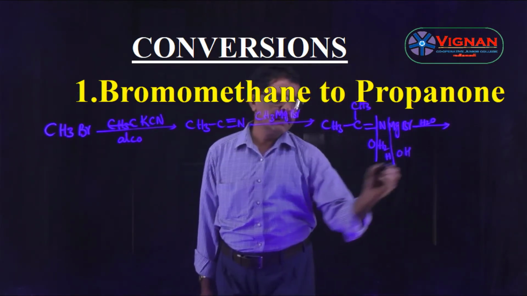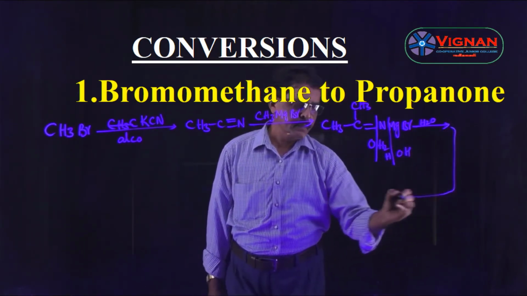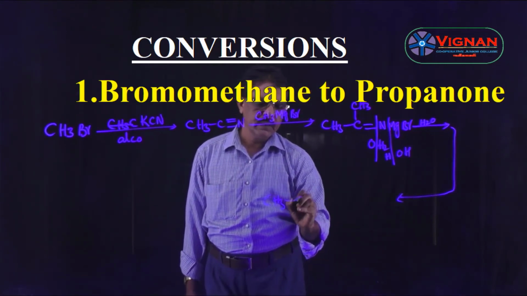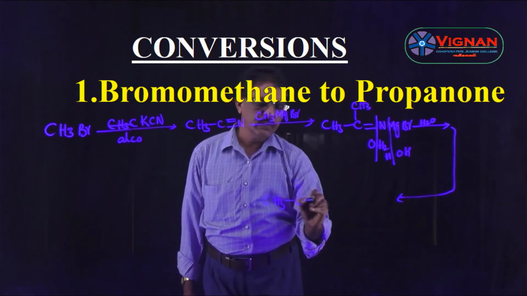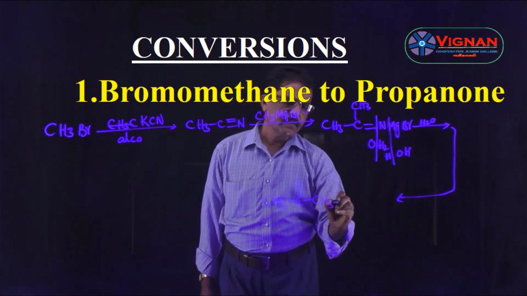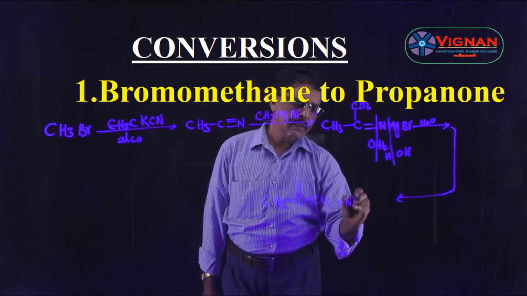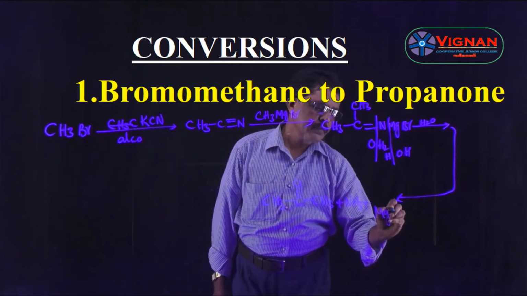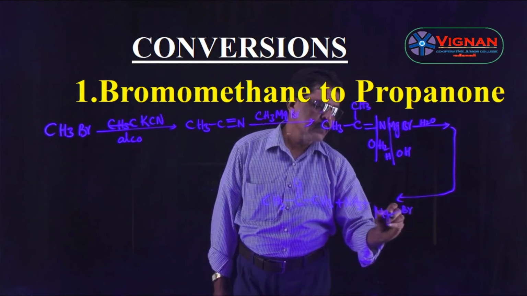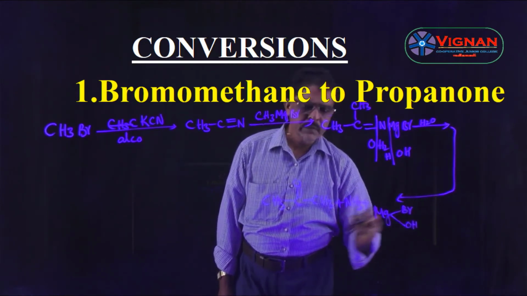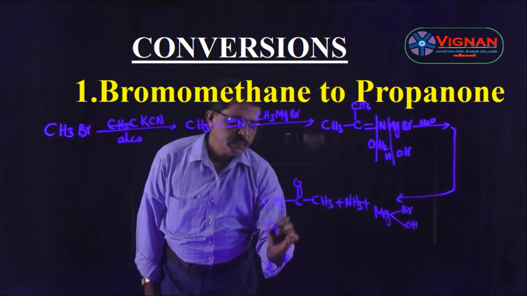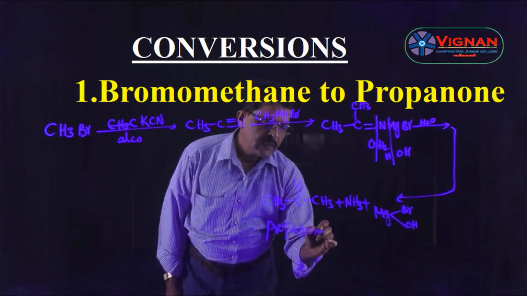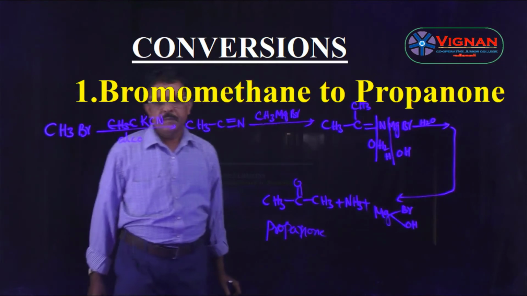Then you will get CH3 C double bond O CH3 plus NH3 plus MgBrOH. So this is propanone. Propanone is obtained from methyl cyanide.